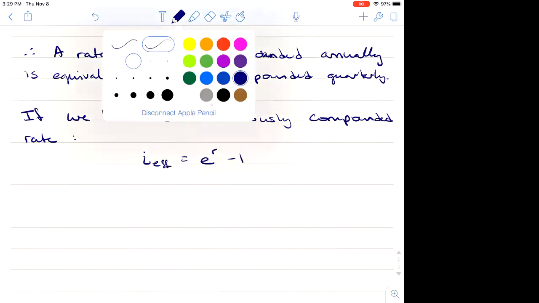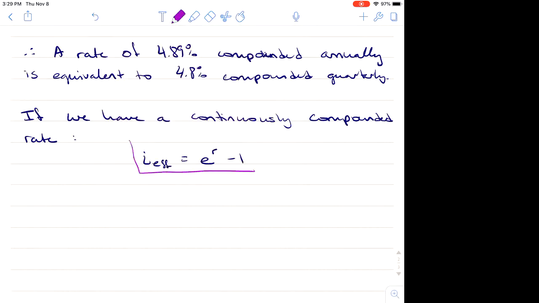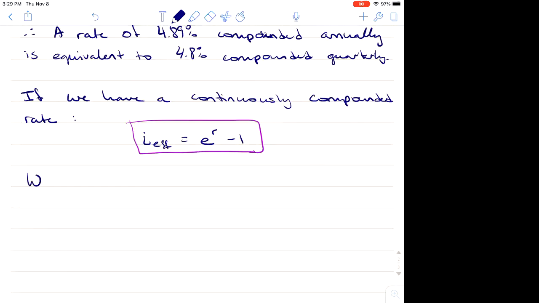And this is on your formula sheet. We could have used this formula for that example we did maybe a week ago, finishing off chapter 5, where R is the nominal rate.